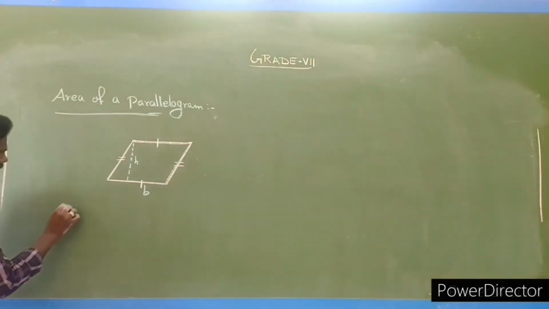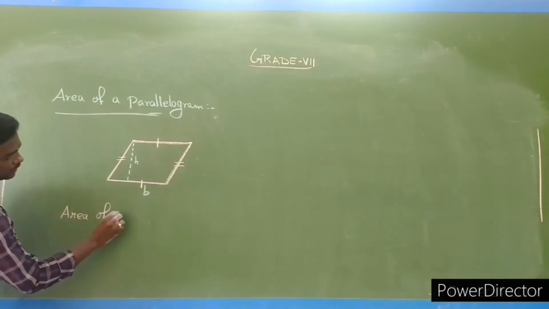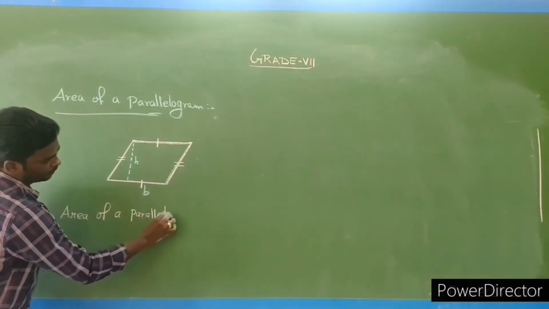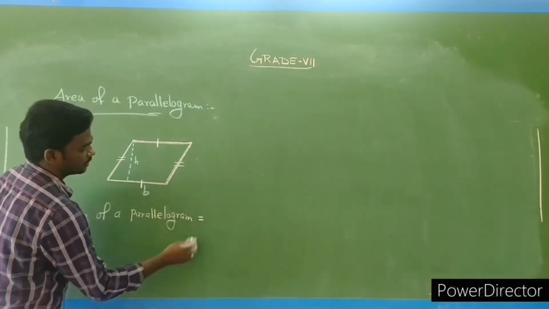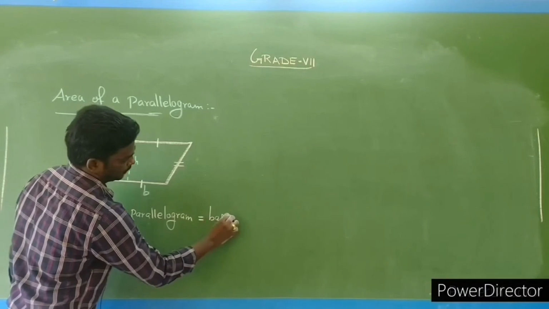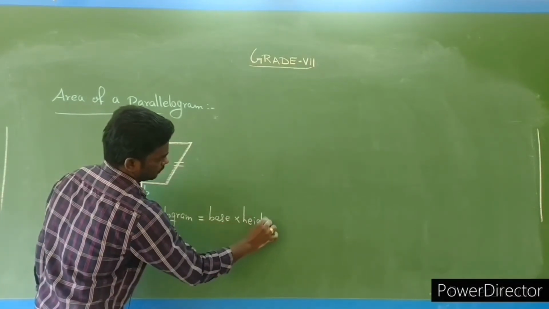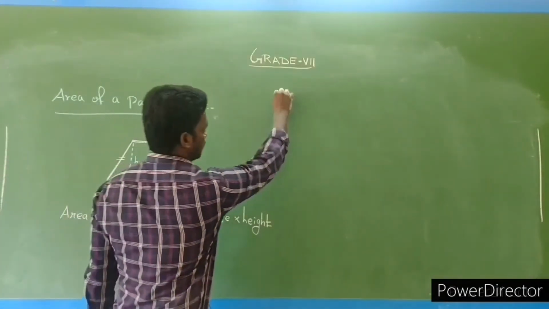So area of a parallelogram is equal to what is that? Base into height. Area of the parallelogram is equal to base into height.